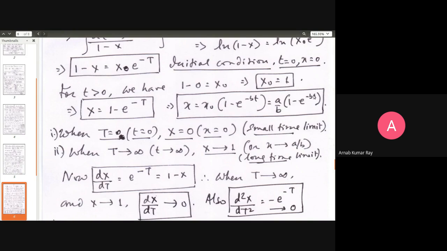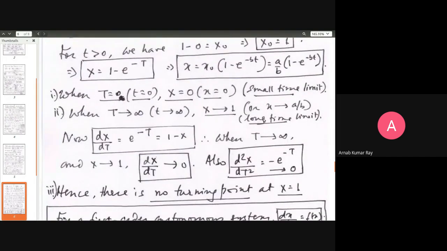E raised to minus b into infinity, minus b into infinity will still be infinity, e raised to minus infinity will be 0. So 1 minus 0 will be equal to 1, so small x will go to a by b. So that's the long time limit. So when t goes to 0, x will go to 0. When t goes to infinity, x will go to a by b, or capital X will go to 1.